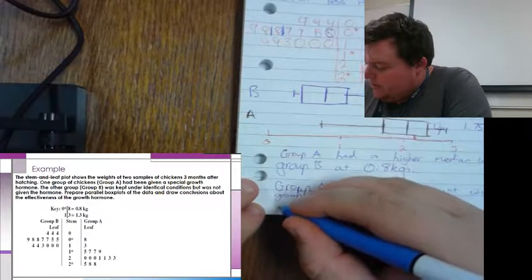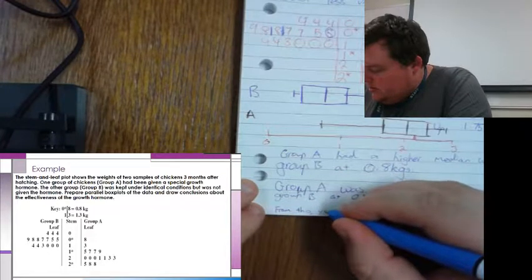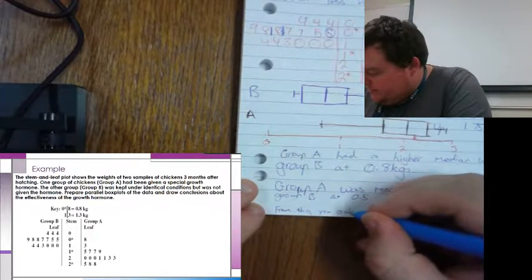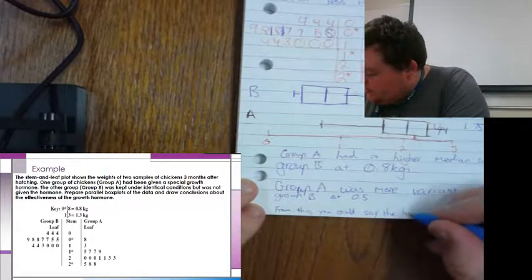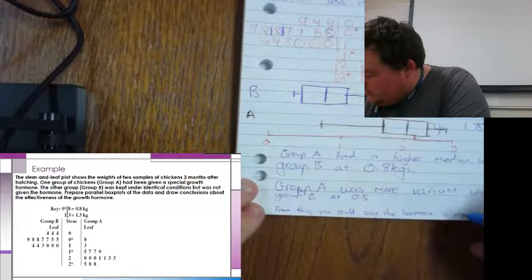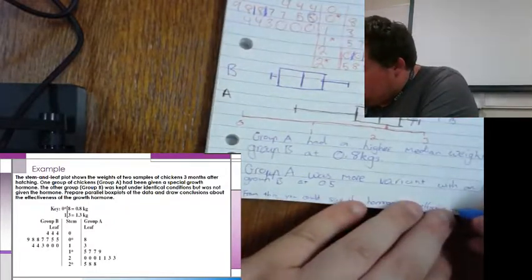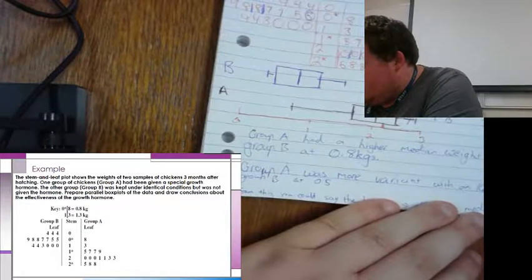You would say, from this, you could say the hormone is effective in median weight, and then I'll run out of room, but I would say something along the lines of, however, more variant.